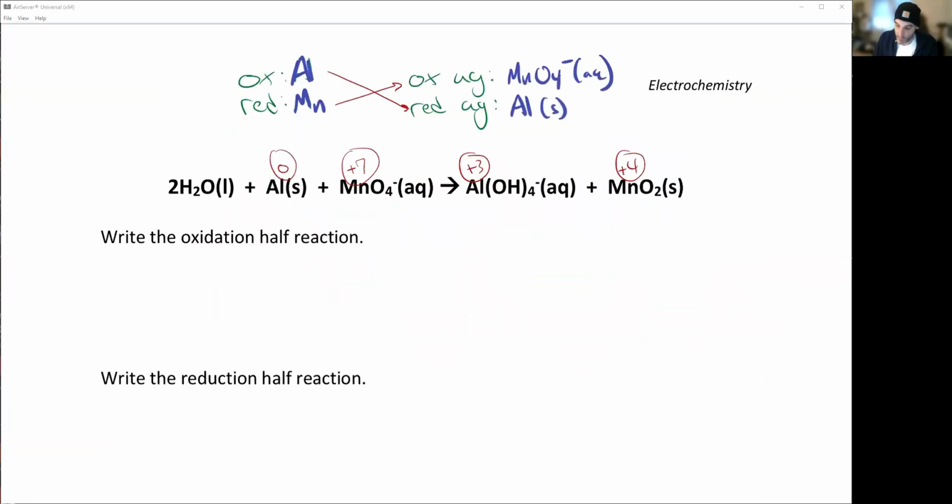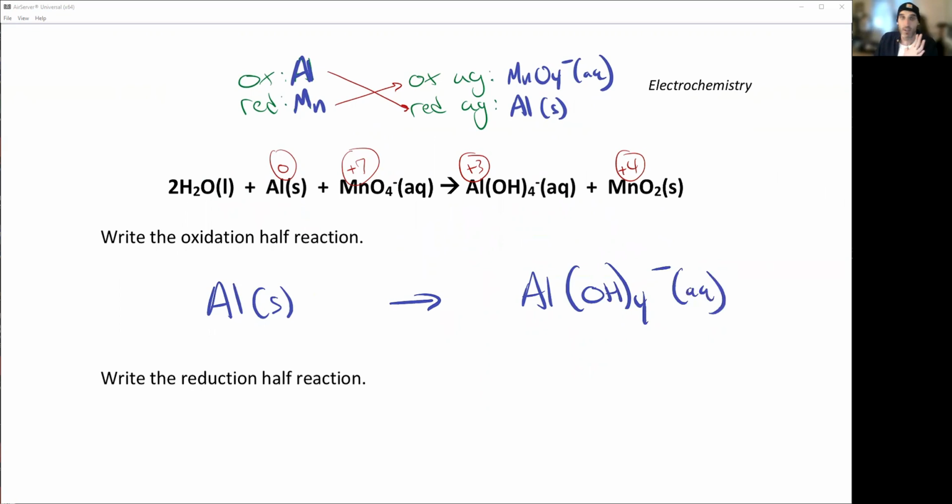So in terms of half reactions, we don't have to get fancy with the half reactions. We're basically going to write out the oxidation half reaction: aluminum solid to Al(OH)4 minus aqueous. That's it. We're going to learn how to balance these next, but just start by writing the two components that contain aluminum in the reactants and the products.